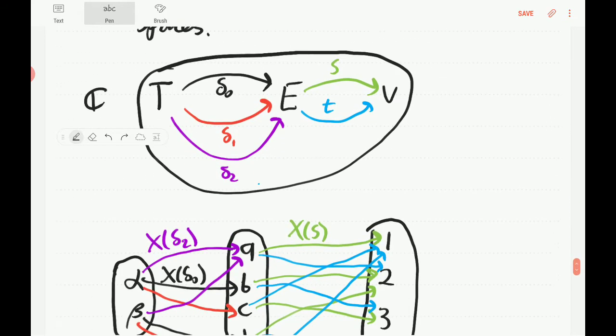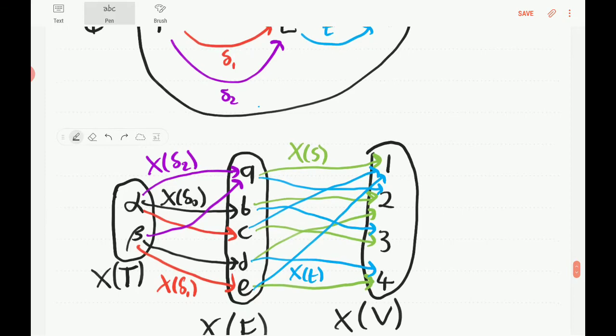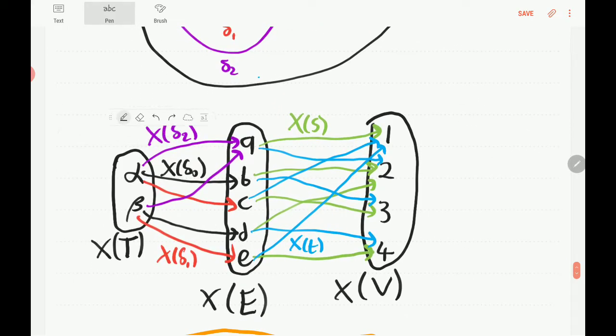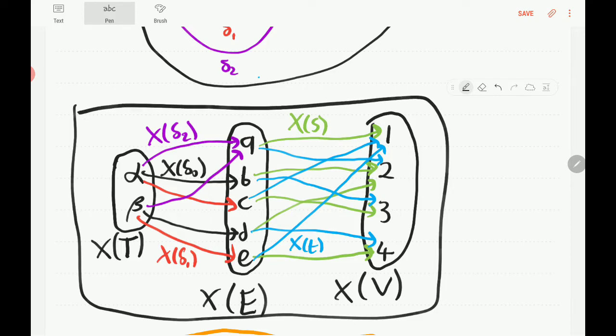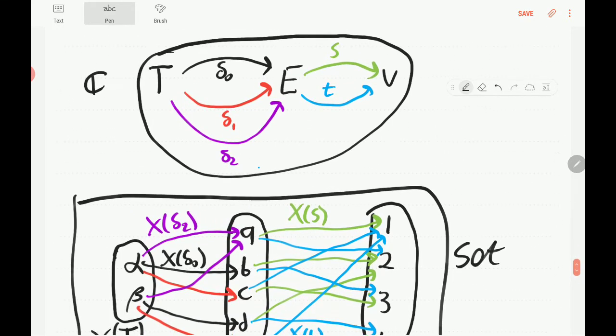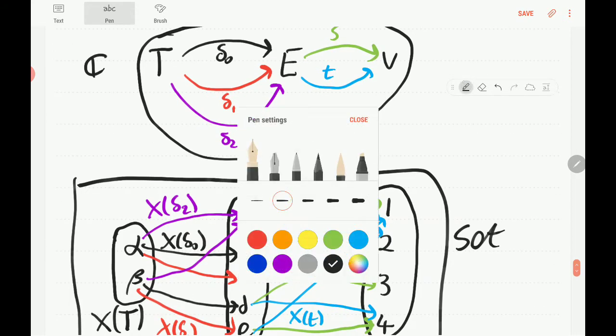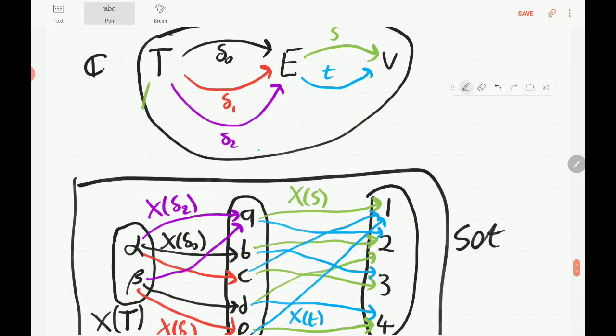So, the thing is that, obviously, as usual, the objects of set to the power of C in this case can be considered to be functors from this category C to set.